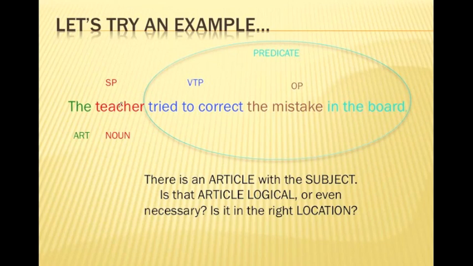Could I take out the word the and just say teacher? Generally we don't, because first off, teacher is a countable noun, so we'd probably need some kind of article to go with it. Could I say a teacher? Yes, that's possible, but I could also say the teacher. Since it is countable, I would need some kind of article. So in this case, things look pretty good so far.